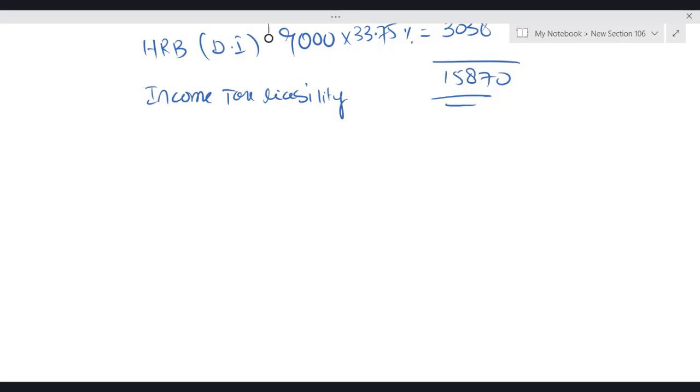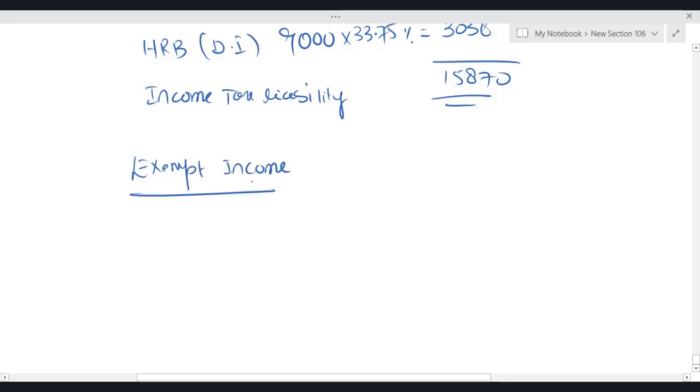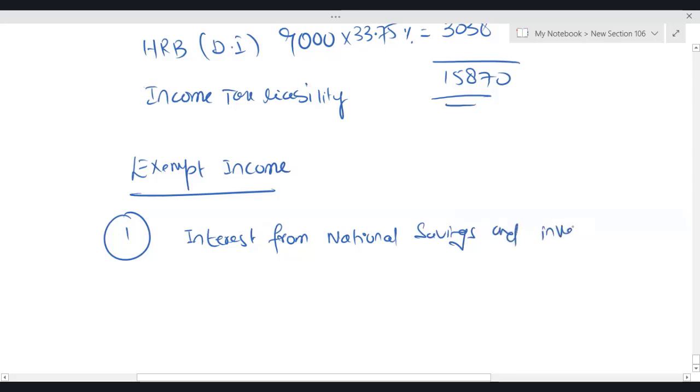So, list of exempt income. Number one is interest from National Savings and Investment Certificates.